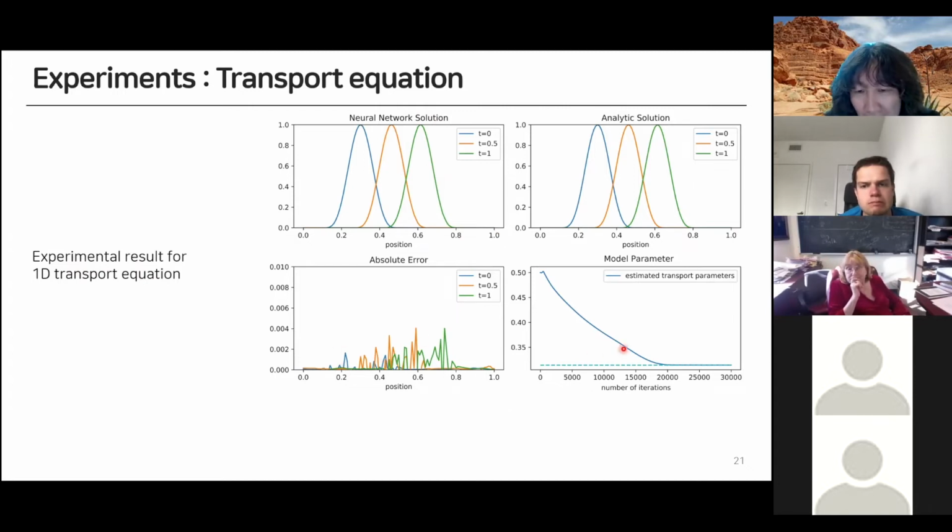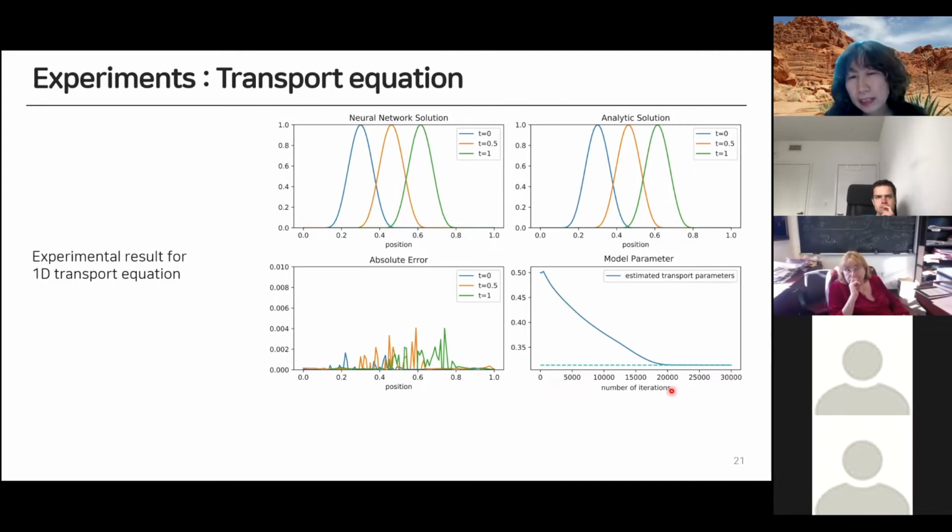In the lower figure, we can see the error between the neural net solution and the analytic solution. And the last figure shows the estimated parameters. This is how the neural net approximates the coefficient for the given parameter. So this is for the inverse problem.